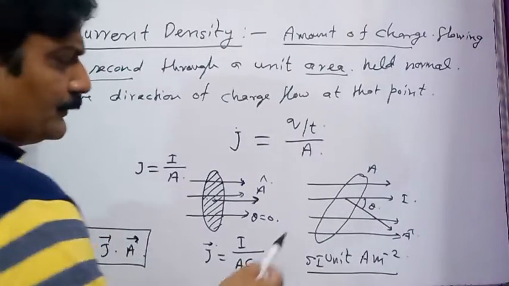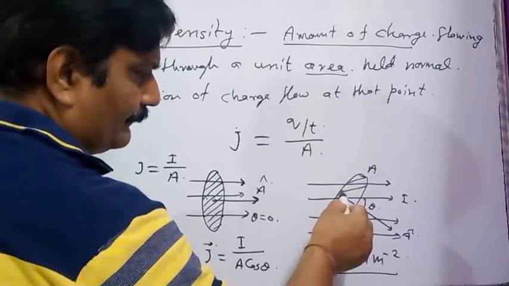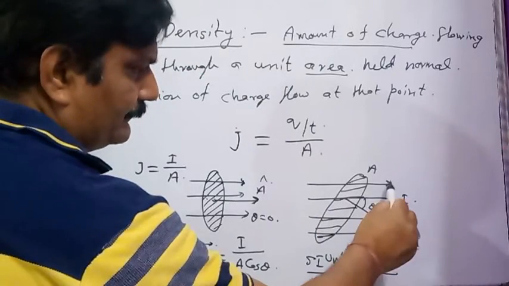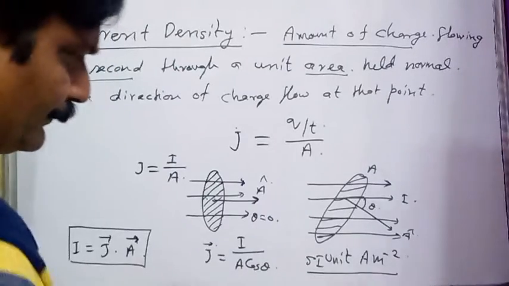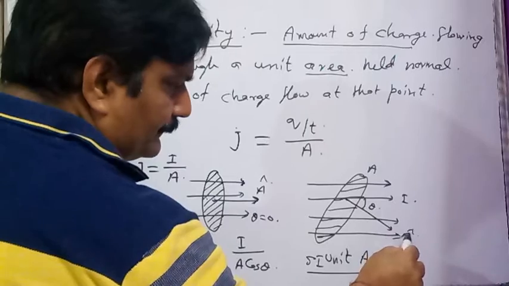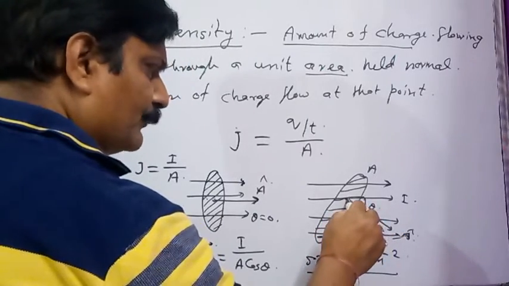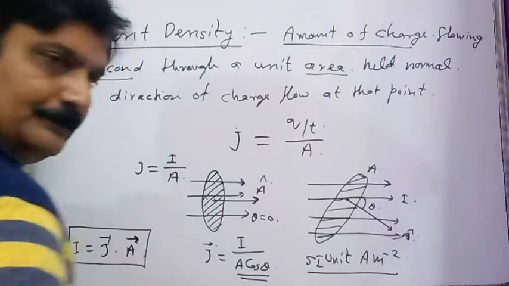But suppose the area of cross section is held at an angle theta with the direction of current flow, meaning the direction of charge flow. Suppose the area vector for the surface is A, then the component of the area vector perpendicular to the direction of charge flow is going to be A cos theta.